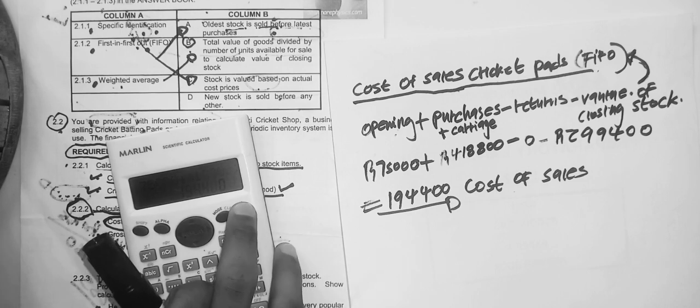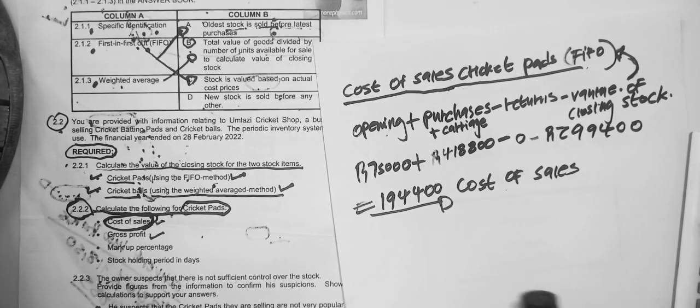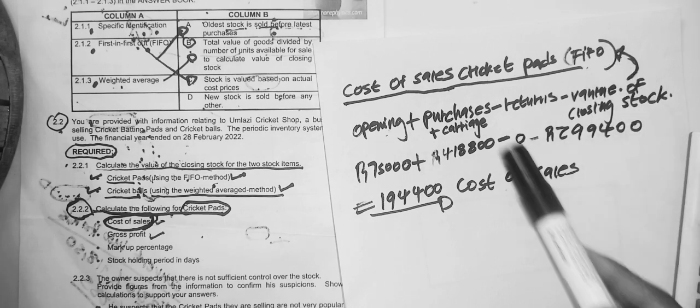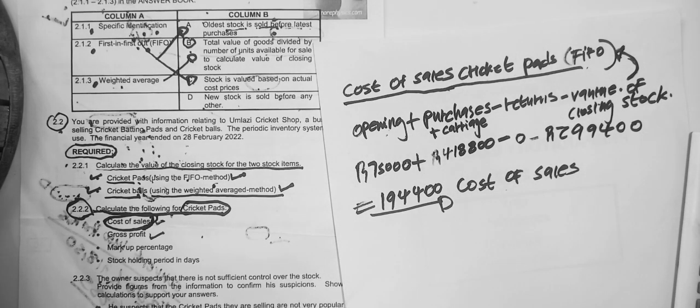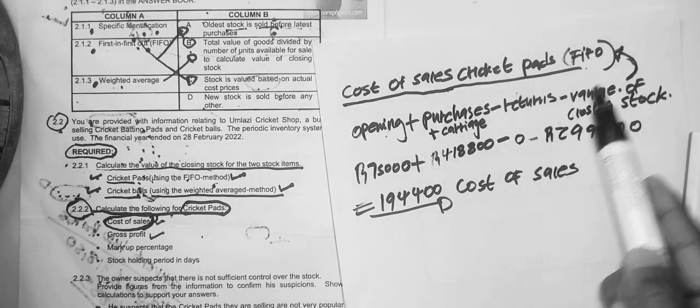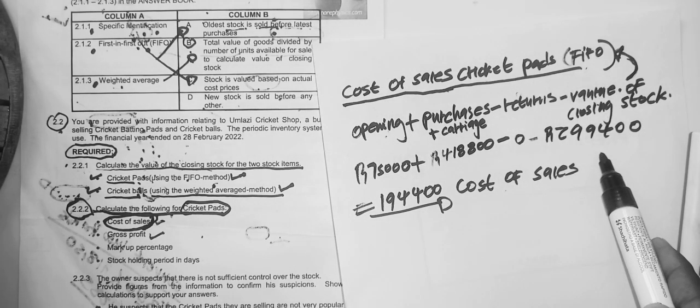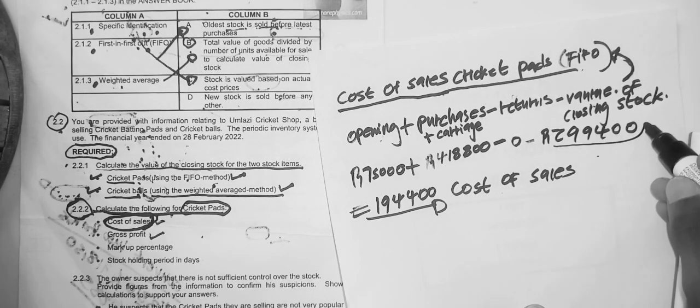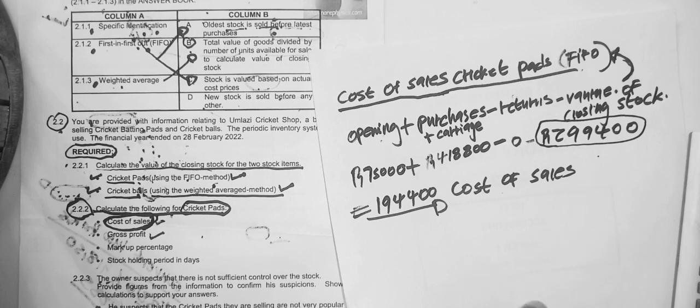So now we have calculated our cost of sales of cricket pads using the formula that I gave you, which is opening plus purchases minus returns minus the value of closing stock. Go ahead and repeat the video to find out where this value of closing stock is coming from.